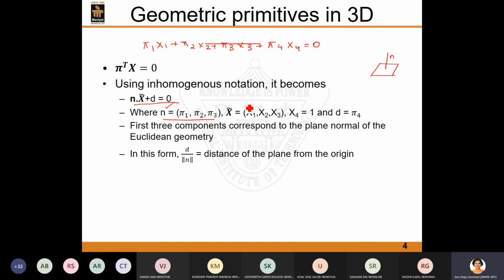Then x1, x2, x3 are basically the coordinates of the point x, and x4 you can take as 1 here, to get this particular equation, and d is nothing but pi 4. This is just another way of representing the non-homogeneous representation for a particular plane.